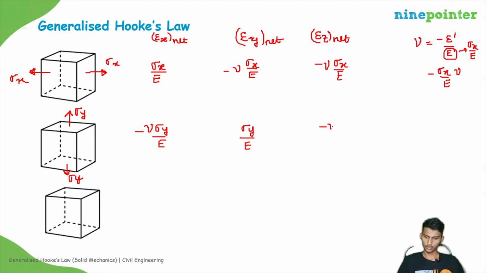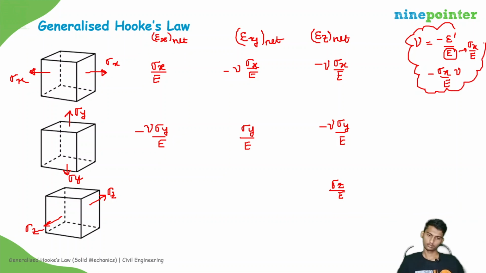Similarly, this will be sigma y divided by E. Now because of the z, sigma z, it will be sigma z divided by E. So this is the concept for all parts. Okay. So sigma z divided by E, and this will be minus mu into sigma z divided by E.